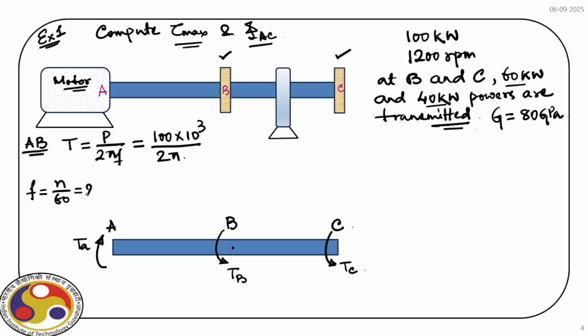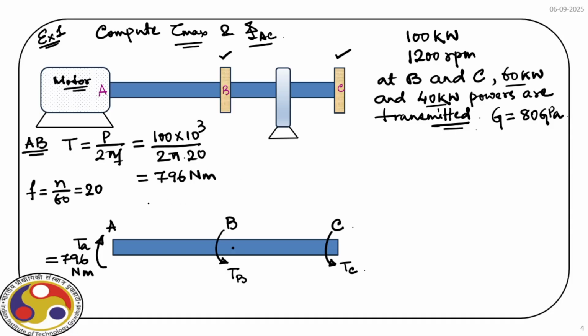So we have 20. That means if you solve this, you'll get 796 Newton meter. So we get TA is equal to 796 Newton meter.